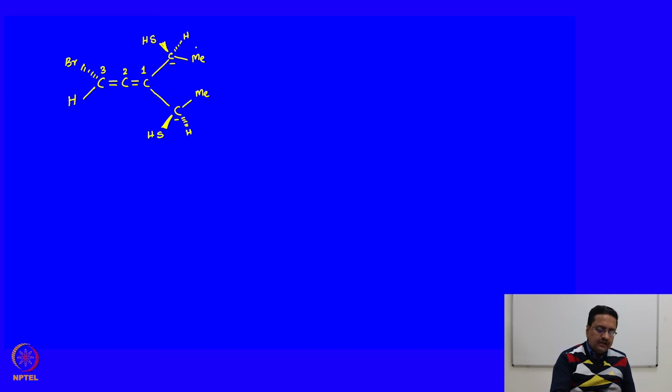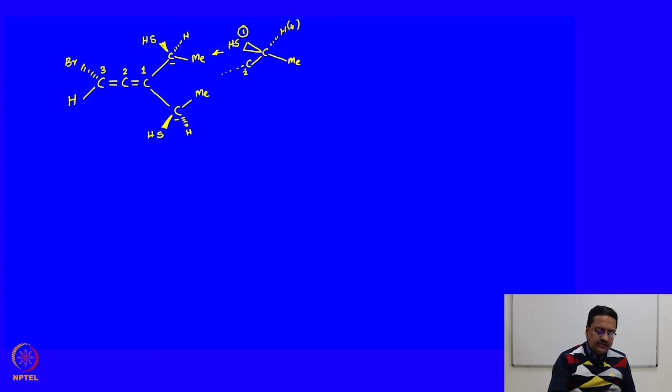Now, if we look at the top carbon, what we have is hydrogen at the back, which is the fourth priority group. The highest priority group is above the plane and the other two groups are here. In terms of priority, this is 1.